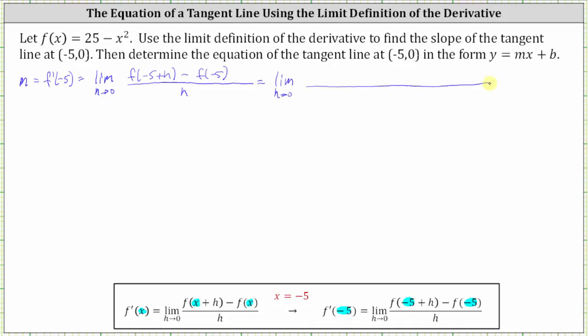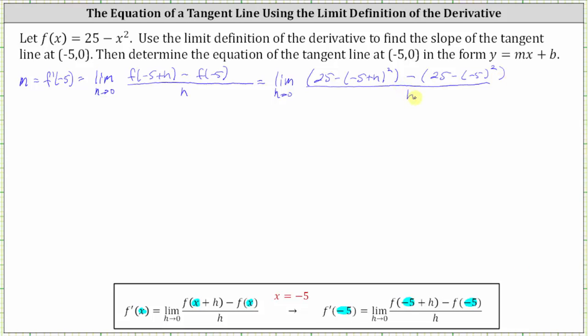To evaluate f of the quantity negative 5 plus h, we replace x in f of x with negative 5 plus h, which gives us 25 minus the square of negative 5 plus h. And then we have minus f of negative 5, which needs to be in parentheses. We have 25 minus the square of negative 5. And all this is still divided by h.